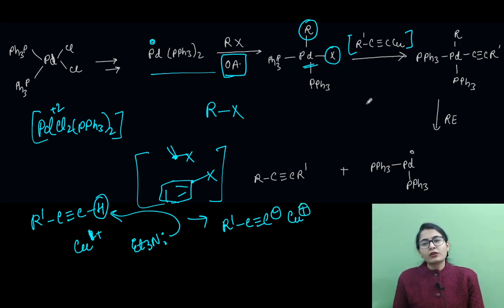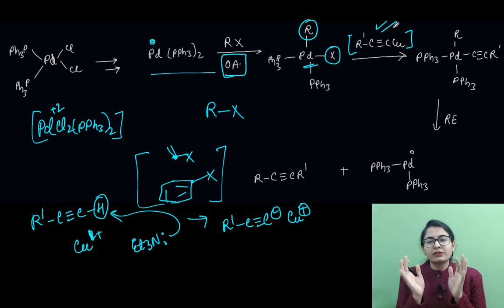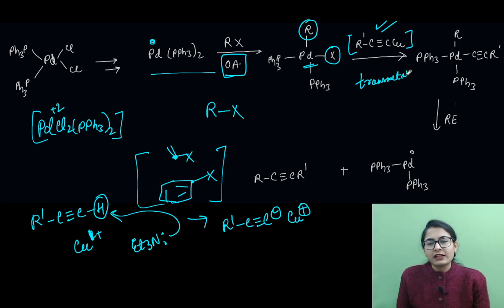Okay, so your copper cation is now going to basically do the transmetallation. Here is your transmetallation step. And in the Sonogashira reaction, just have copper doing the same thing, transmetallation. So your alkyne part goes to palladium and your X eliminates with copper. So here it is, palladium got connected to the alkyne part and your copper X got eliminated.